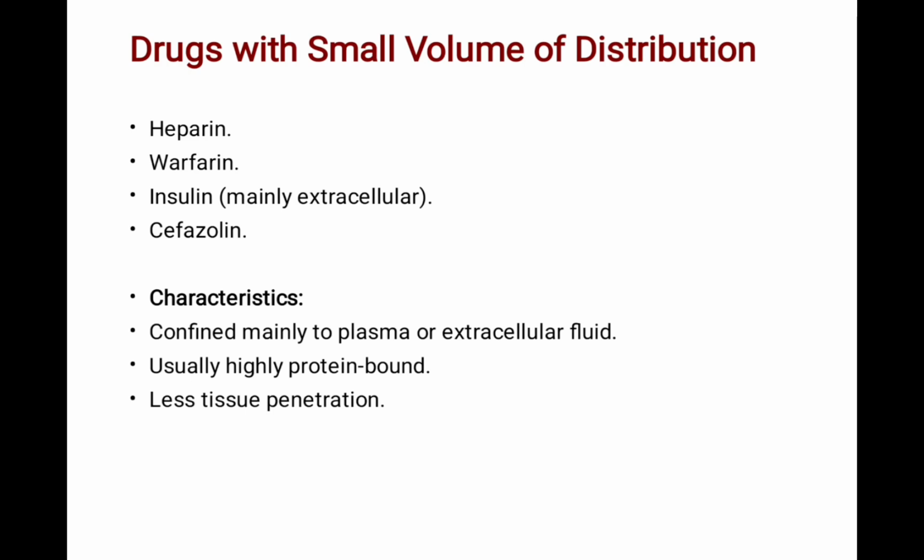Now, drugs with small volume of distribution. Examples of drugs that have small volume of distribution: we have heparin, warfarin, insulin, and cefazolin. The characteristics of these drugs is that they are confined mainly in plasma or extracellular fluid. They are usually highly protein bound, and they have less tissue penetration.